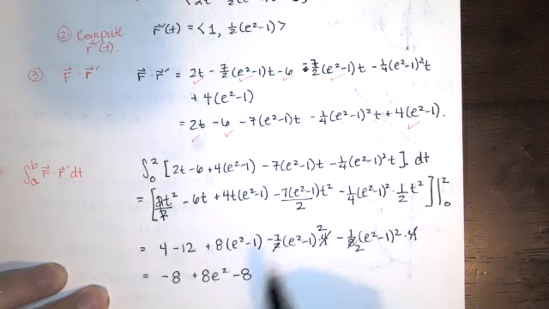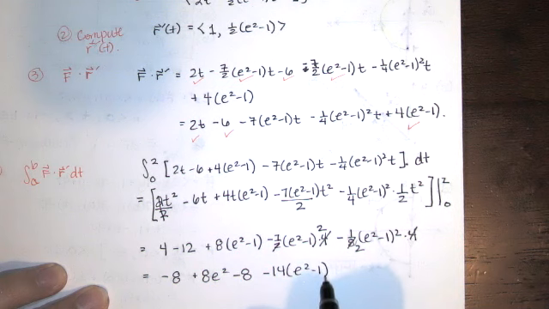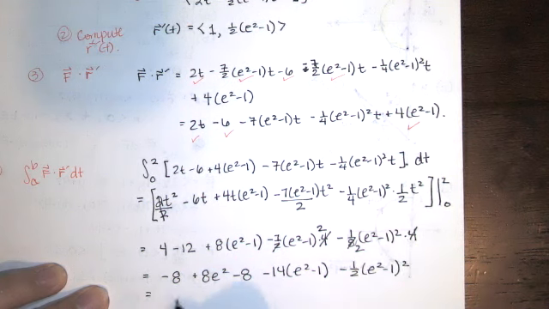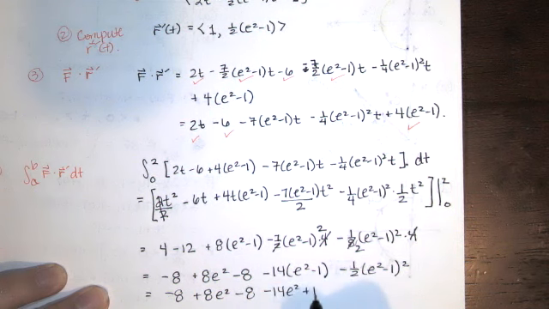And then here I have a negative 14 times the quantity e squared minus 1. And over here I have a negative 1/2 times the quantity e squared minus 1 quantity squared. So I think I'll just keep distributing. And then at the end, I will collect sort of like terms involving our e squared and our constants. So I'll distribute the negative 14 here.